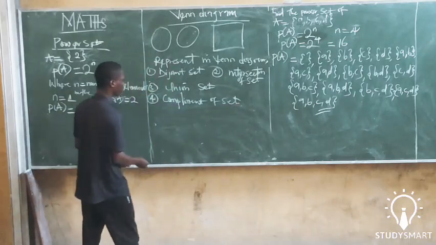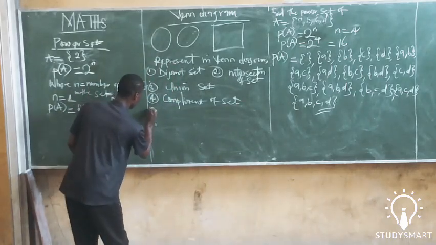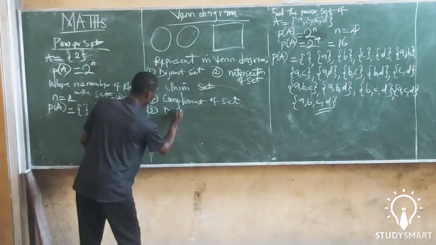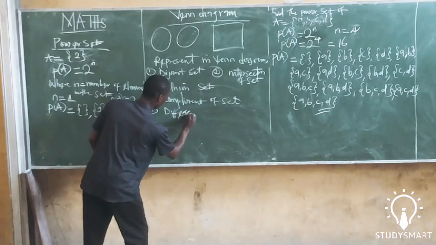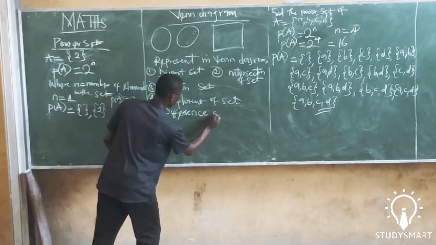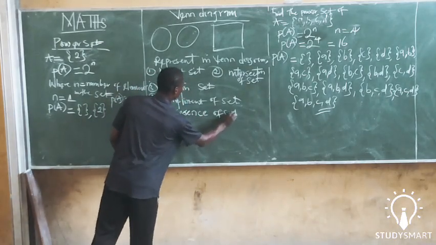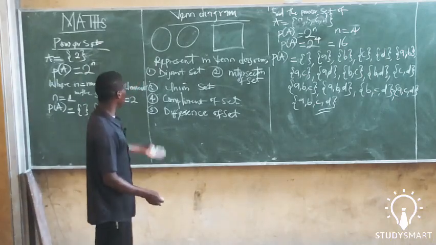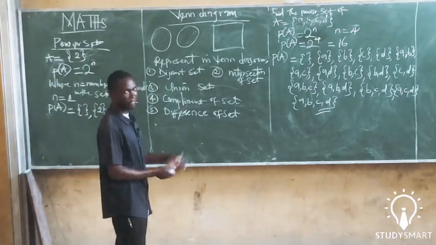And then lastly, difference of sets. So we are going to be representing these types of sets in a Venn diagram.